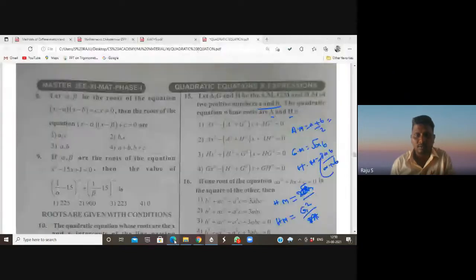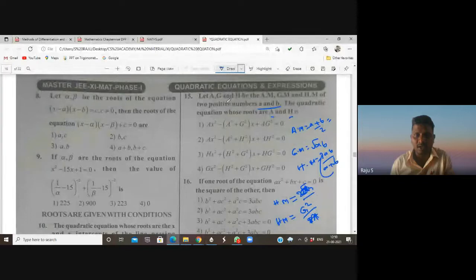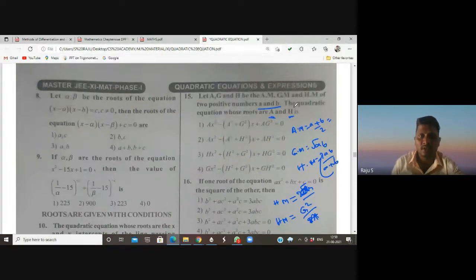With the help of that, the quadratic equation whose roots are A and H. What shall we write here, students?